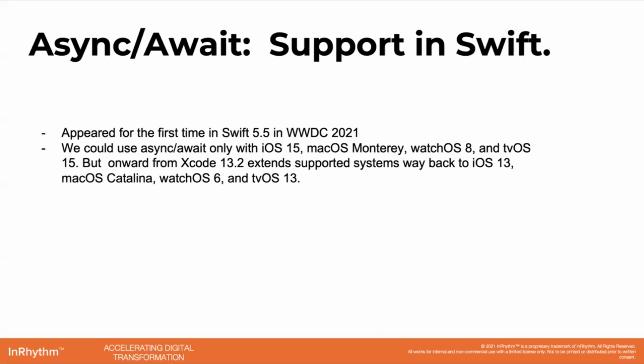In that case, existing code can also be converted into async await, meaning functions which were not using async await are able to be converted. So technically, iOS 13, watchOS 6, tvOS 13, and macOS Catalina now officially support async await.